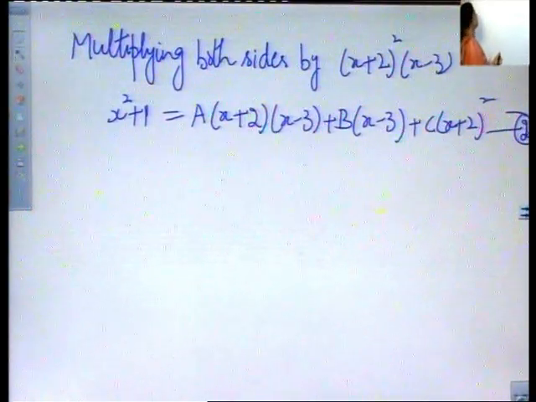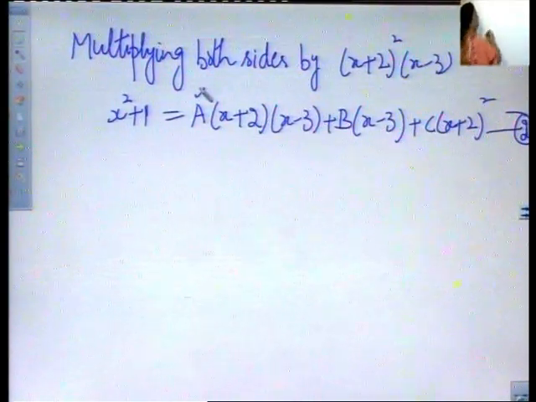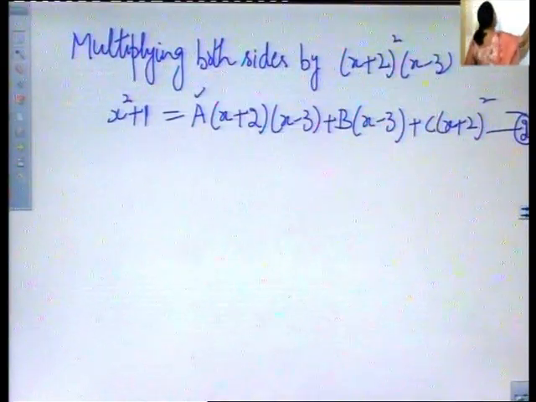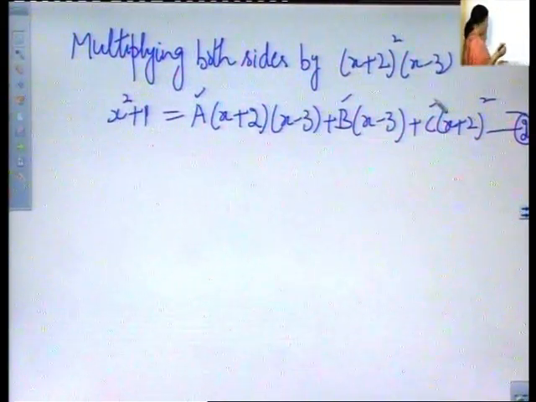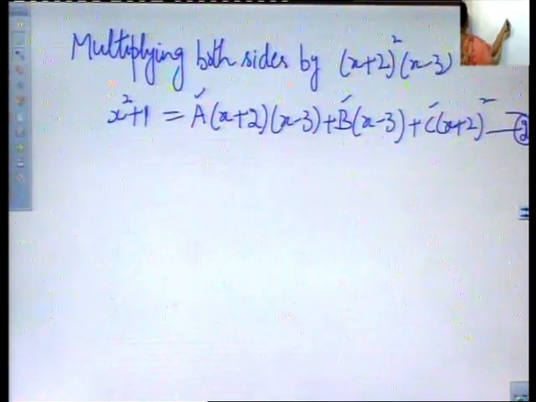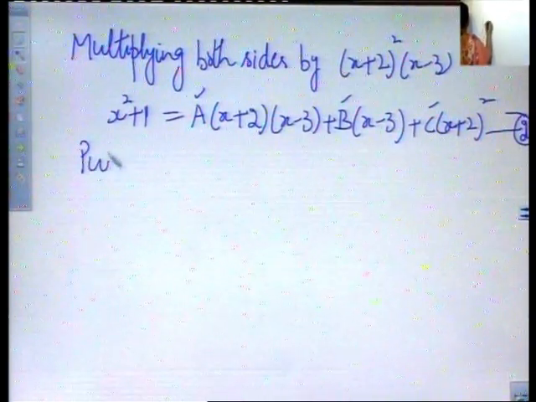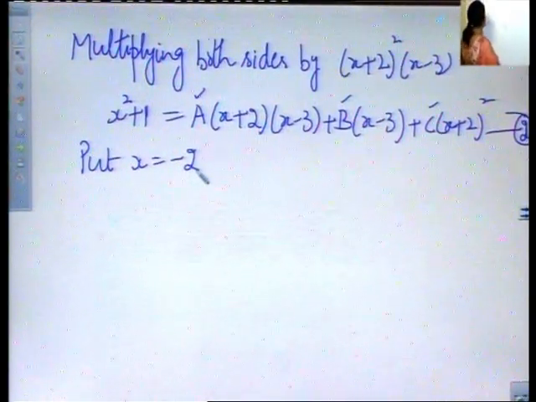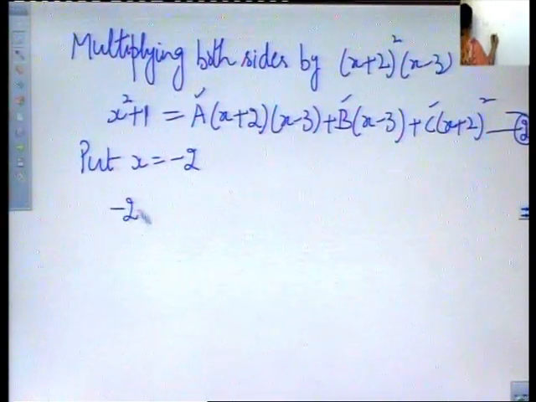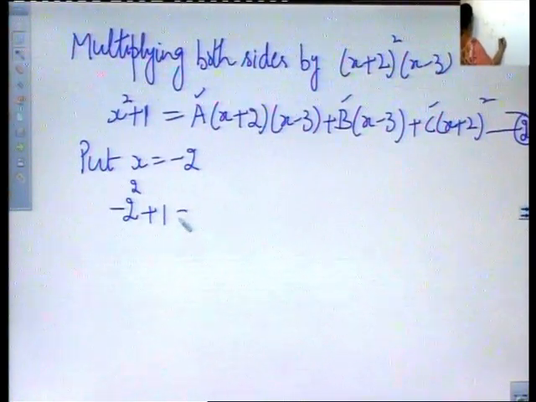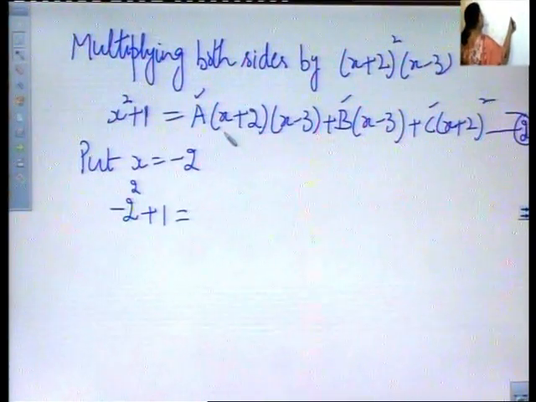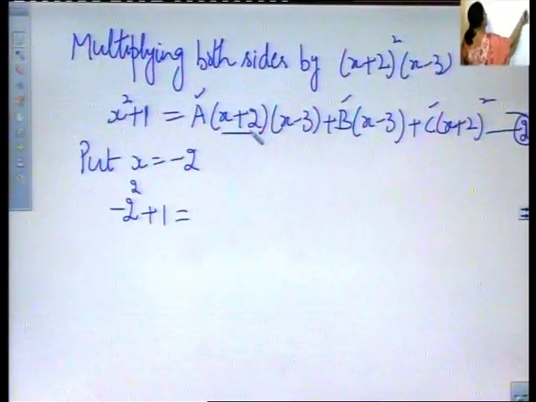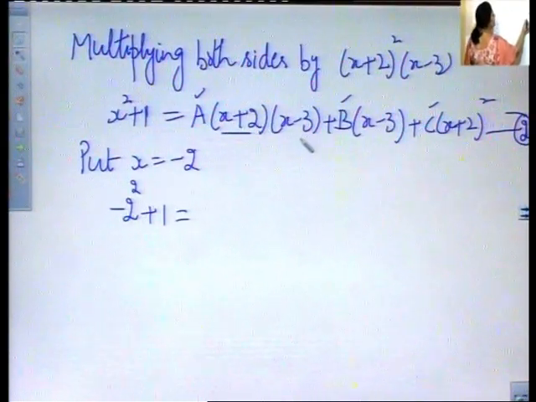Now, the question is we have to find the values of a, b and c. One value we can find by putting x equal to minus 2. When we put x equal to minus 2 here, we have minus 2 square plus 1. When we put minus 2 here, this factor becomes 0, the whole product becomes 0.